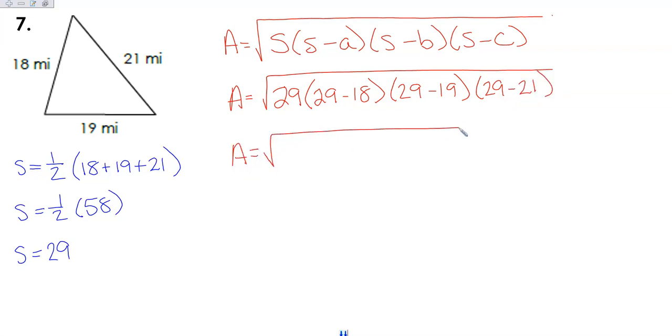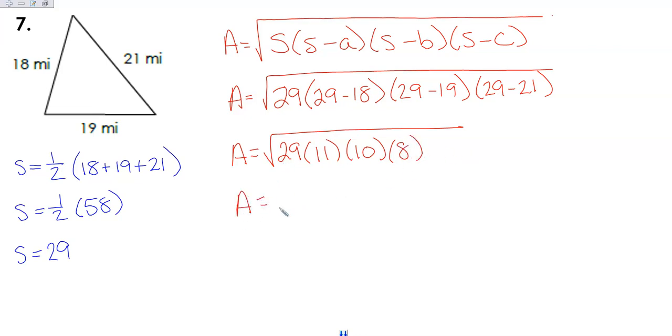So my four numbers underneath my radical, 29, and then 29 minus 18 is 11, 29 minus 19 is 10, and 29 minus 21 is 8.